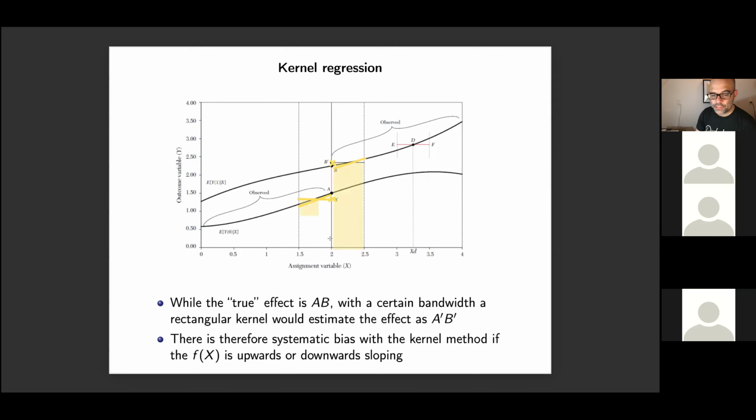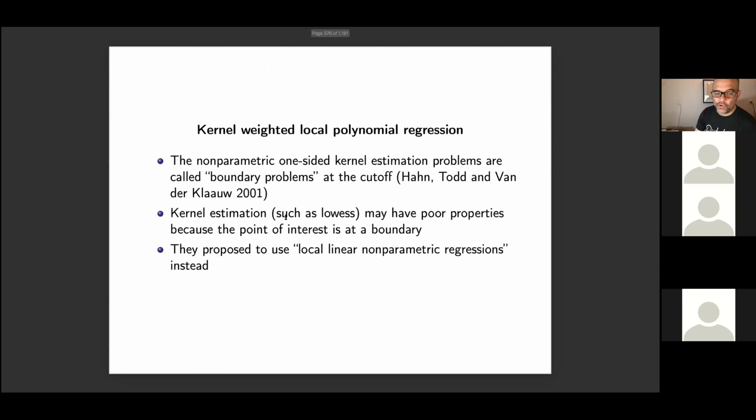Okay, so we're basically just taking averages, and the tops of the rectangles are suffering from this boundary problem. So kernel estimation can have poor properties.